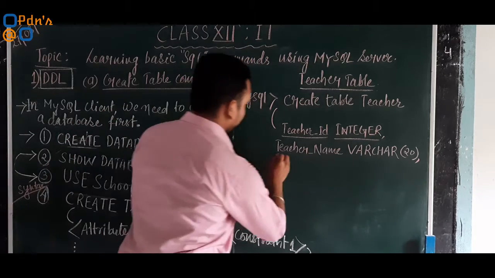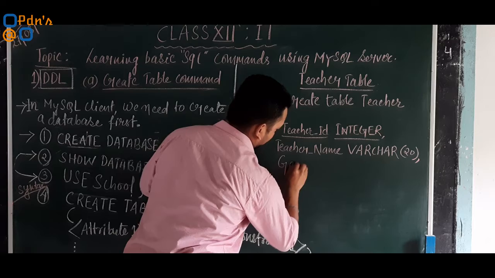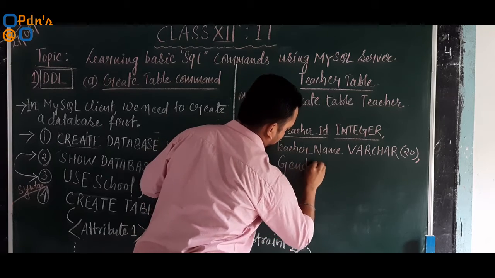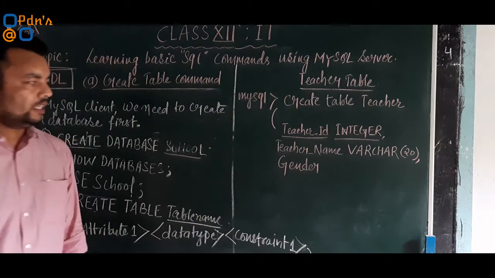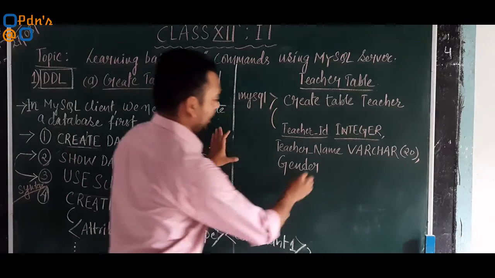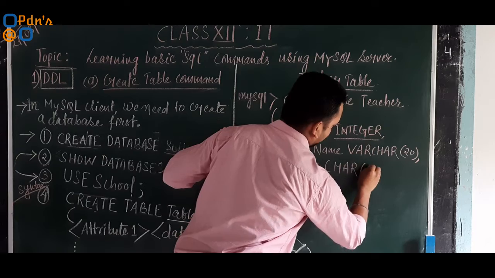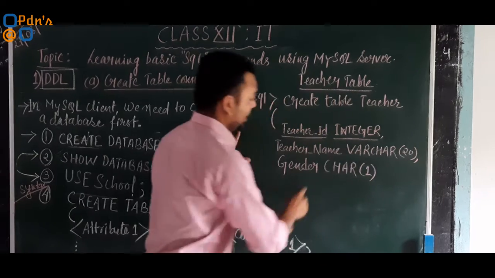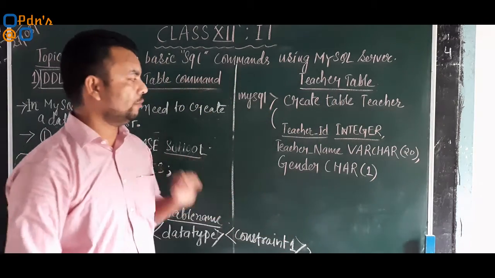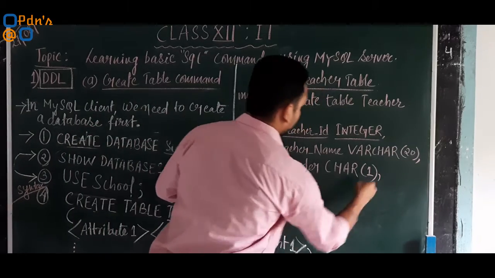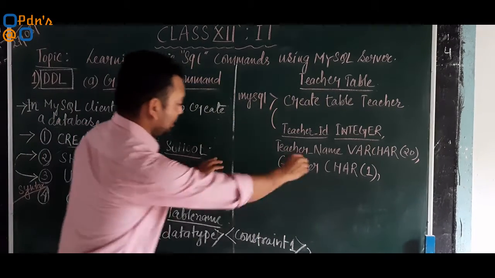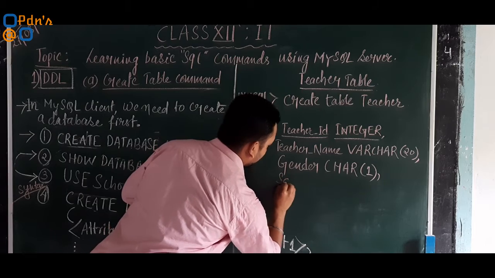Then gender, we are using as CHAR, character data type with maximum possible characters as 1, so it can be represented as either M or F, male or female. Gender, then suppose his or her salary.